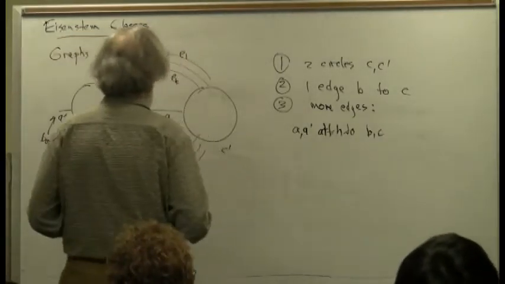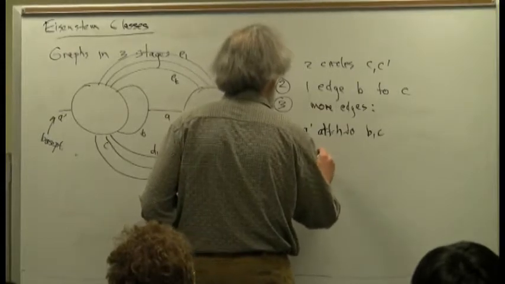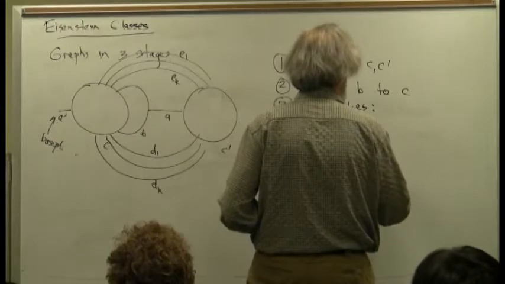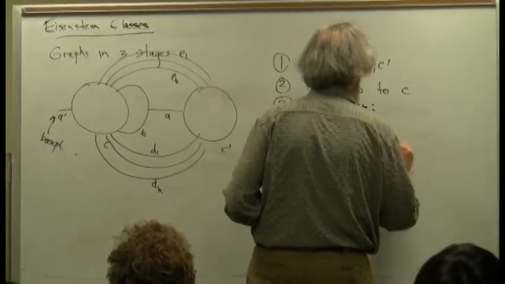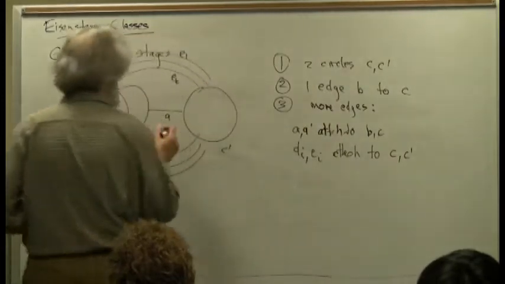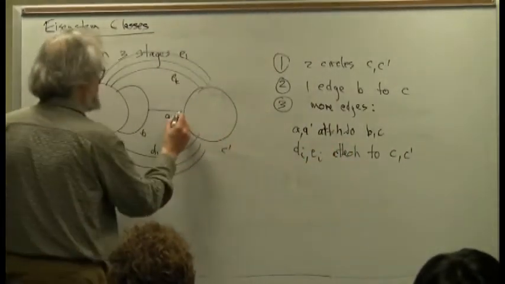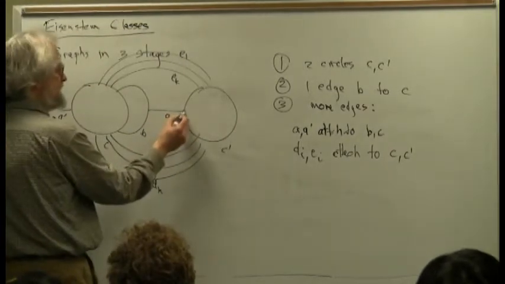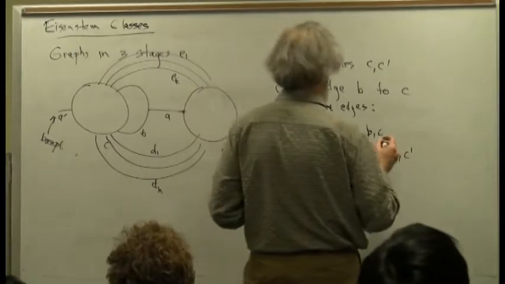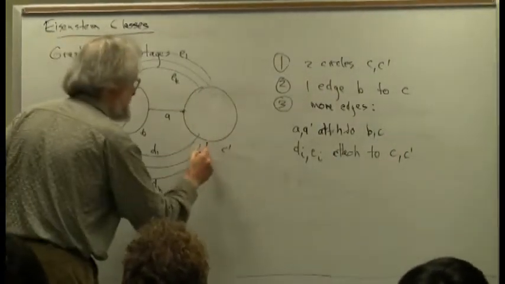Then the Di and Ei attach only to C, and at their other end, C prime. I should have said that the other end of A attaches to C prime. Anyhow, the picture is showing it.